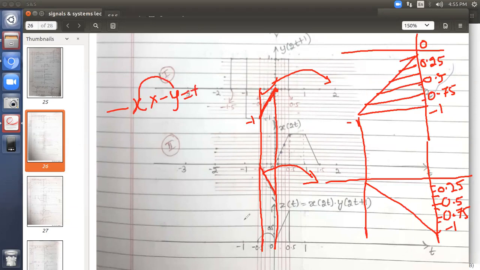That's why observe here, you have not got any down amplitude, you have got an up amplitude. You will get a positive value of the amplitude. This is the first point. If you multiply two negative amplitudes, you will get a positive amplitude.